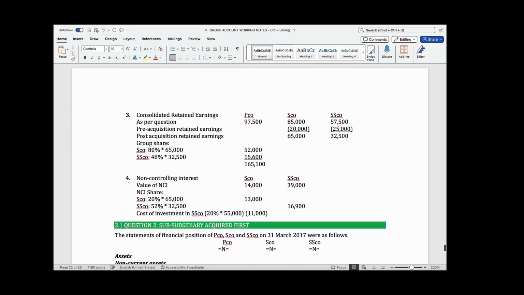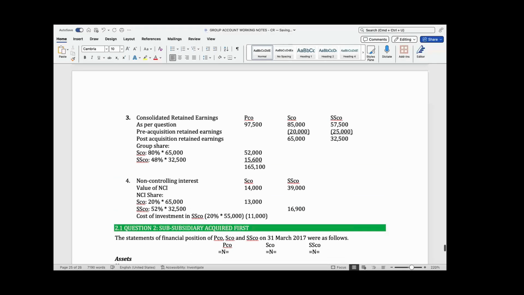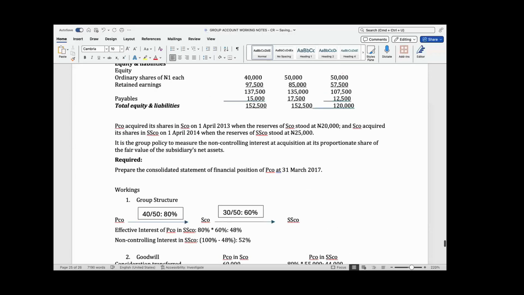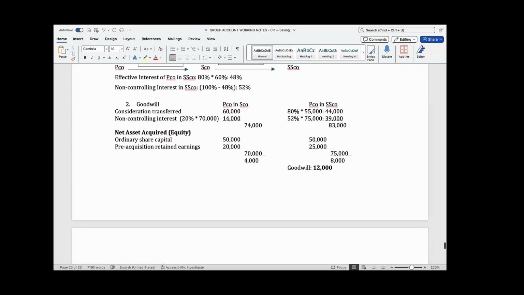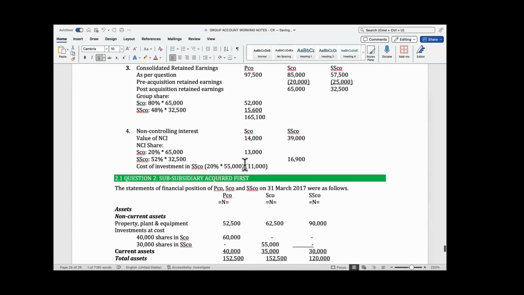And the one I like best is the cancellation part, because it's supposed to net it off. Just like this one, this 80% part has actually netted off these net assets, so we need to cancel it out from here as well.